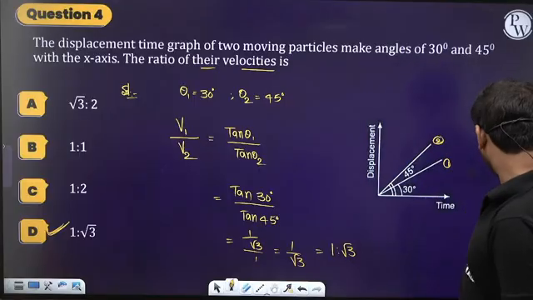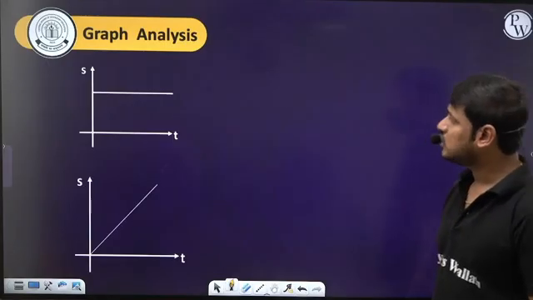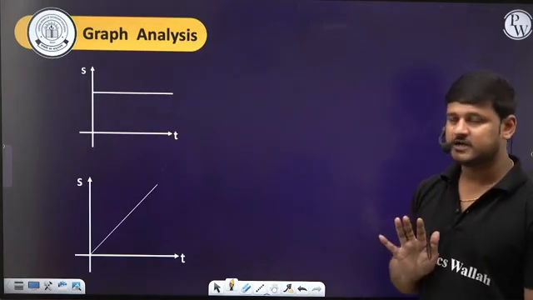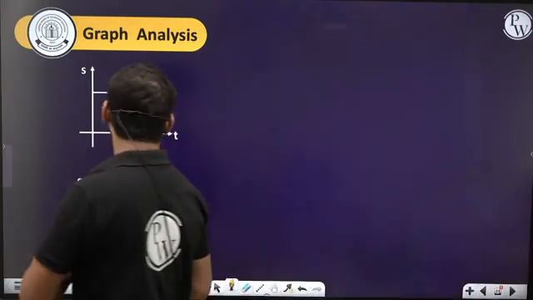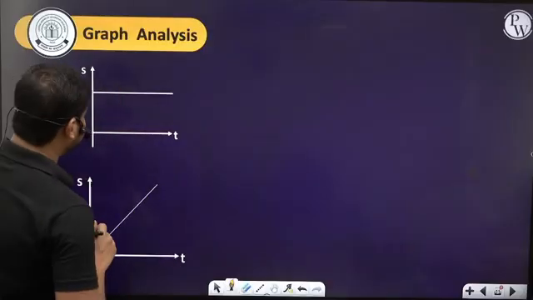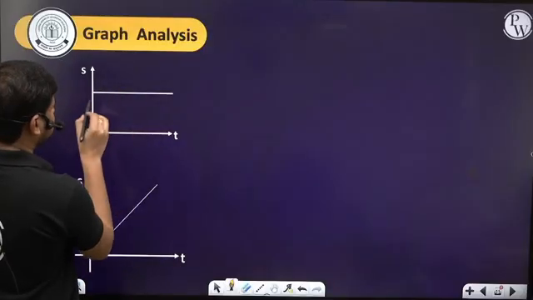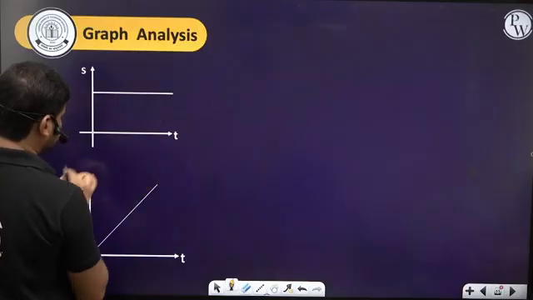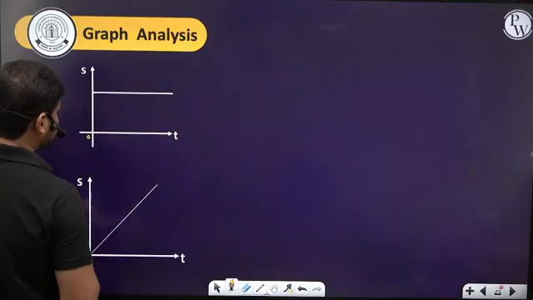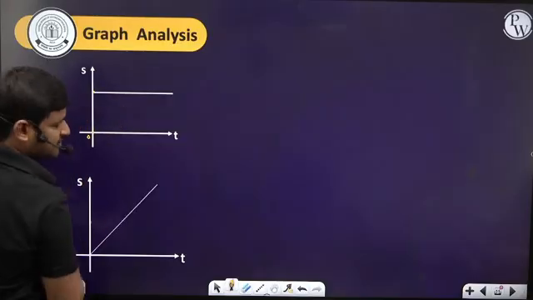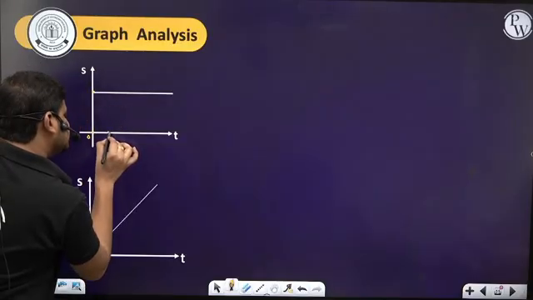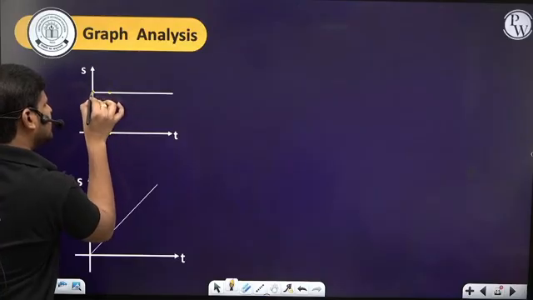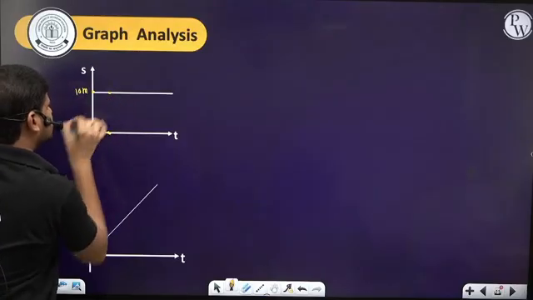So let's move further. Now let's analyze the different position time graphs. See the conditions. In the first case, this is the origin. At time t equals 0, the body's position is here. At t equals 1 second, the body is at the same position. Let's suppose this is 10 meters, for example.